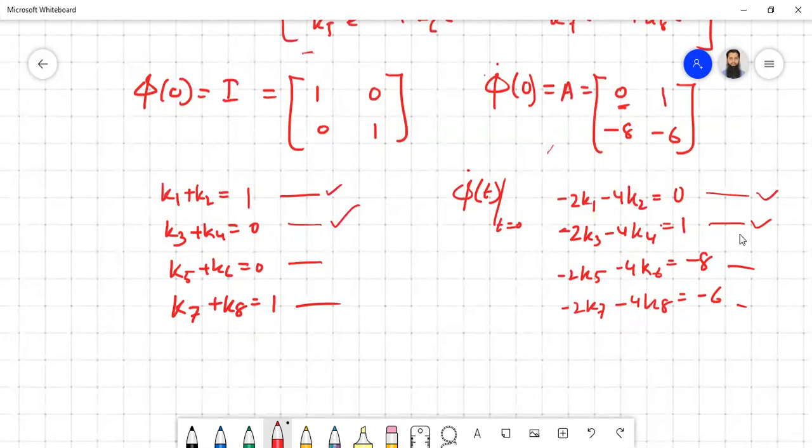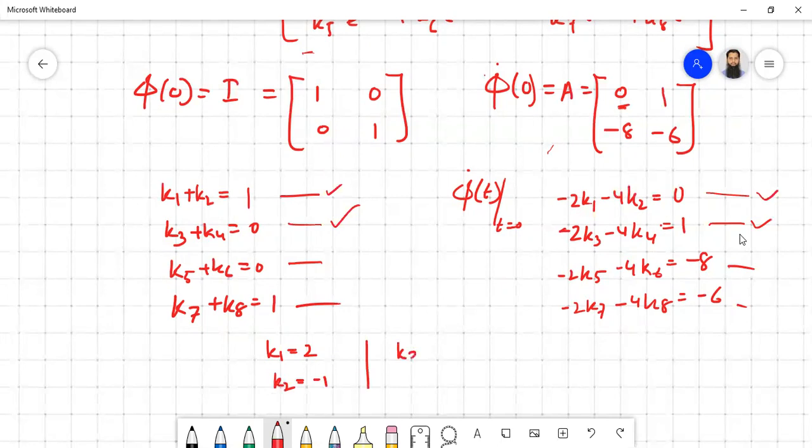So you can say that k1 will be 2 and k2 is minus 1.